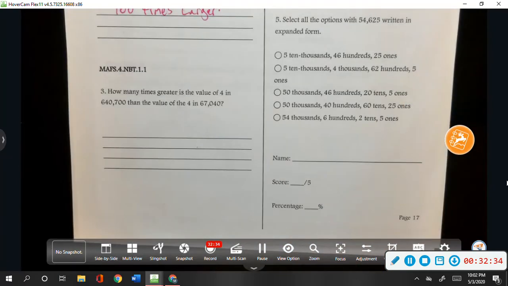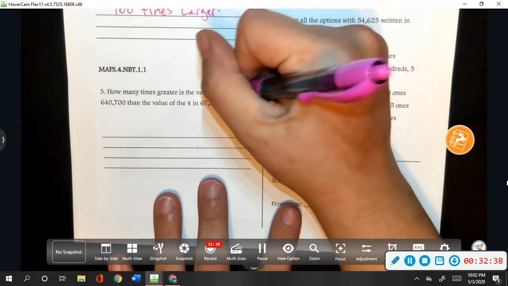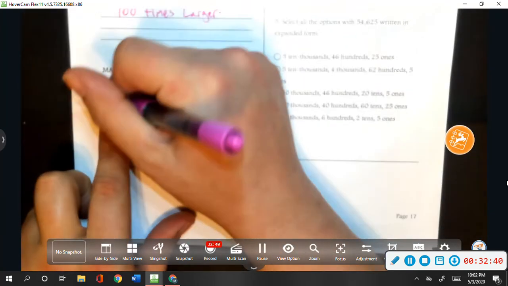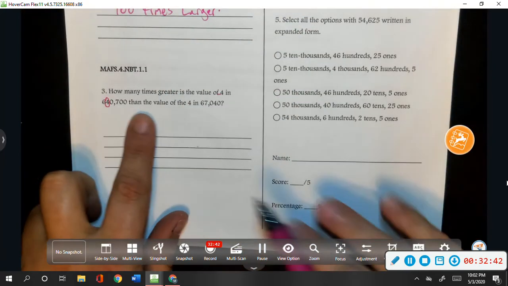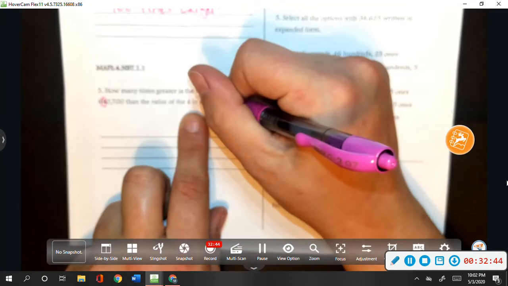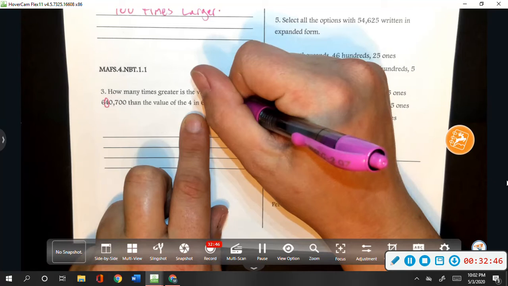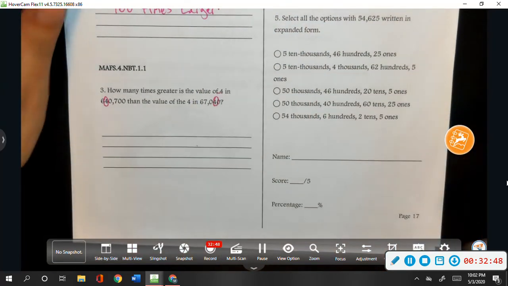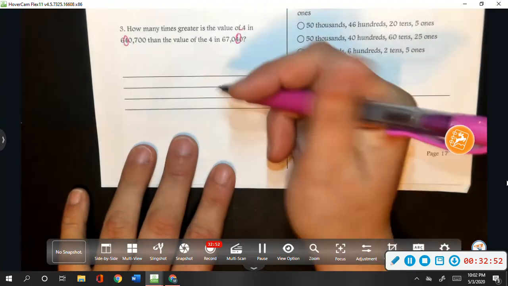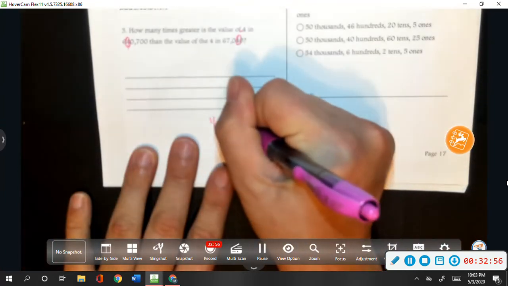Alright, number 3. How many times greater is the value of 4 in 640,700? So we'll just gotta circle that. Then the value of the 4 in 67,040. We can go as far as setting up that same place value chart. So the value of this 4 is going to be 40,000.